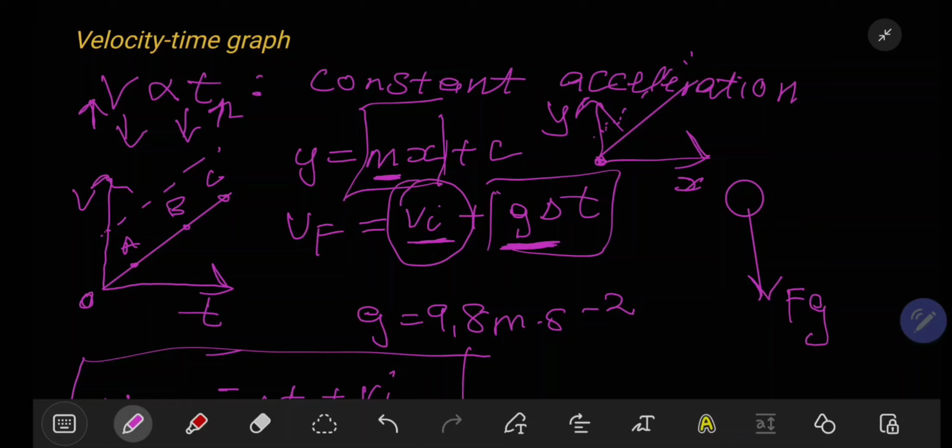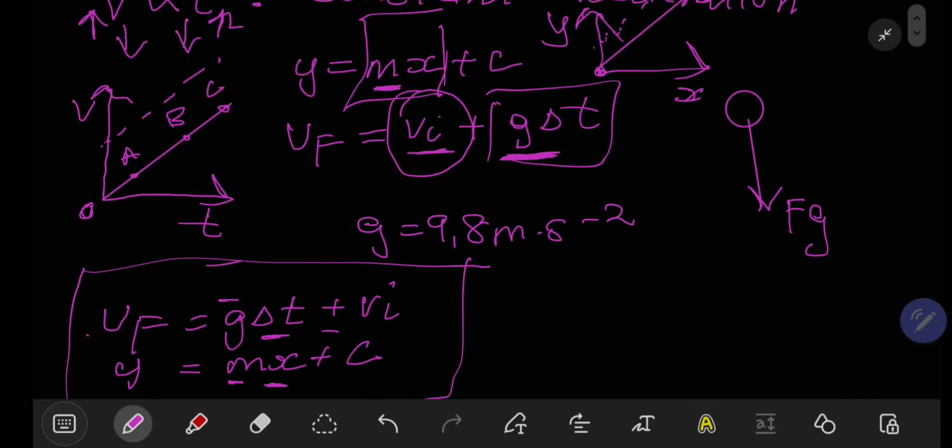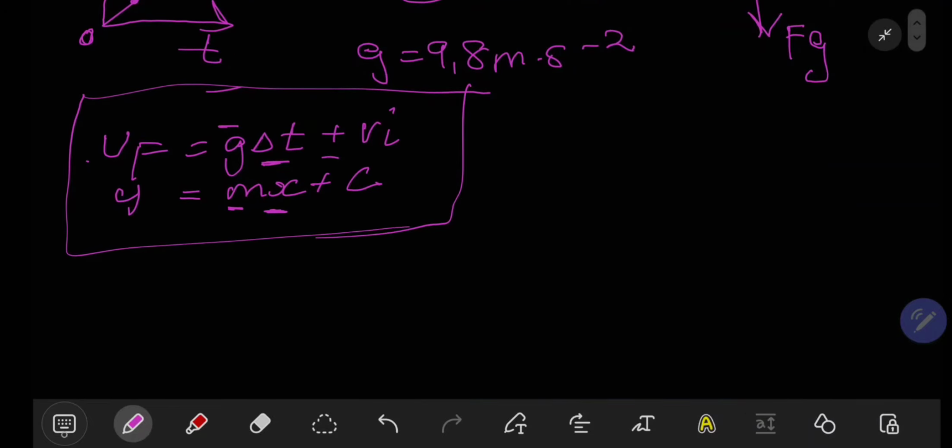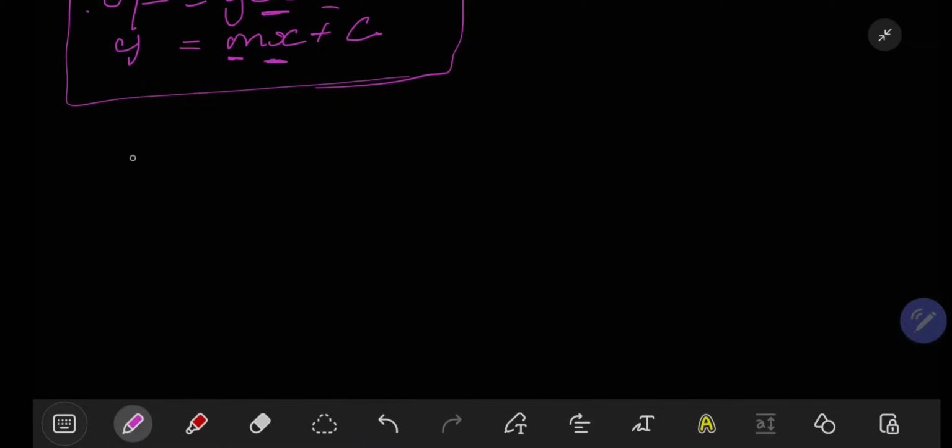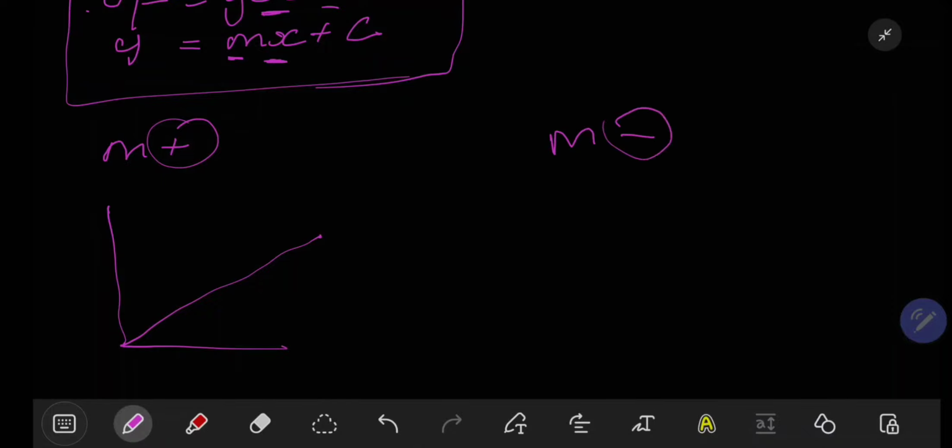So in maths, we know that we have a positive gradient and a negative gradient. So when we get to physics, we know that when our gradient is positive, then our slope will increase. Then when we have a negative gradient, our graph will be descending.